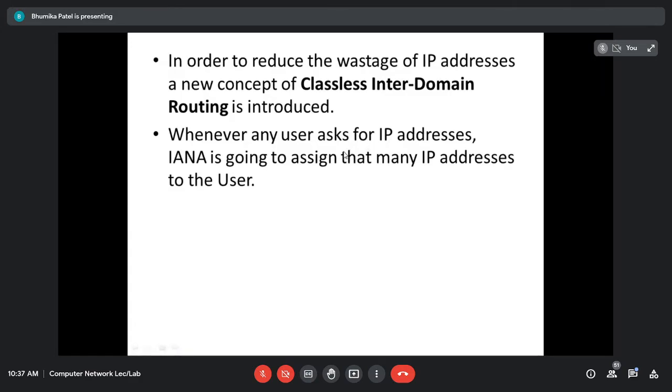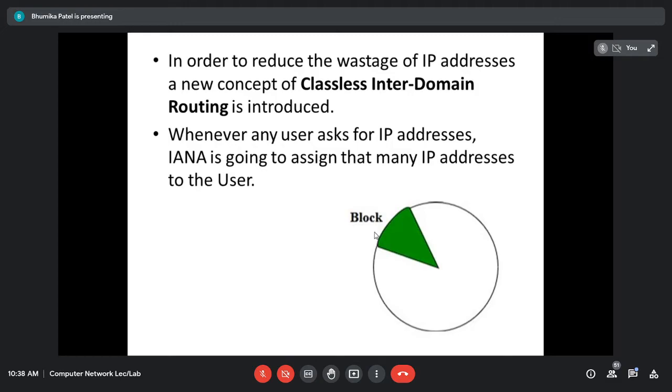For example, if I need 300 IP addresses, I can buy somewhat near to 300 instead of 256 plus 256. So it is like this entire address space, and when I ask for some IP addresses, they cut a block of the address space and give it to me. So the IP address wastage will be reduced.